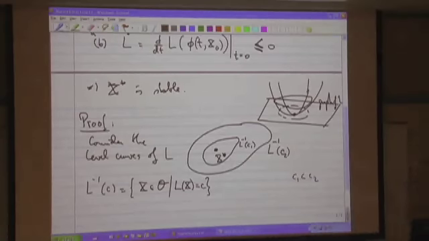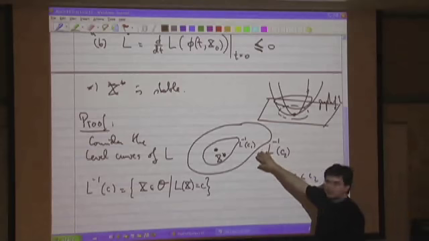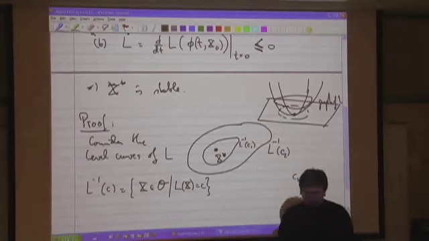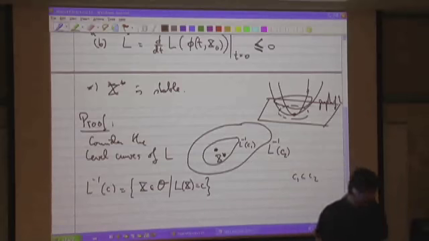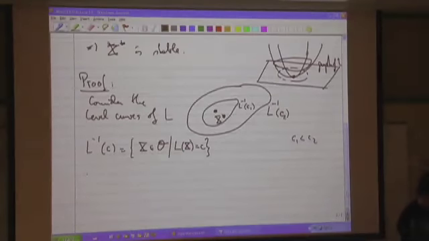Okay. Now that's a typical configuration, but you can have very weird types of level curves. I think there's a picture in the book. So that's a typical configuration, but it's not a universal configuration.